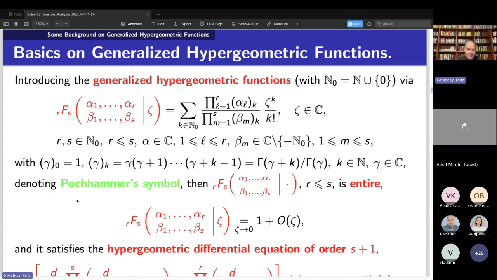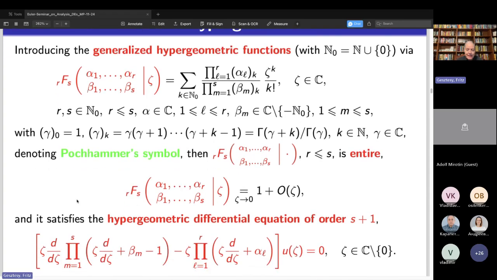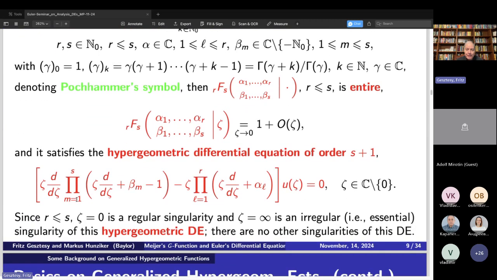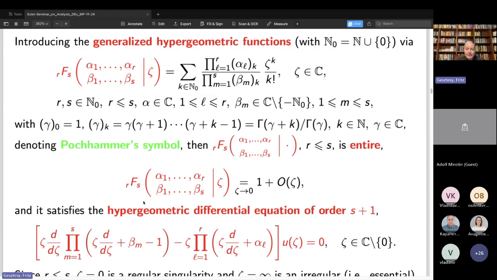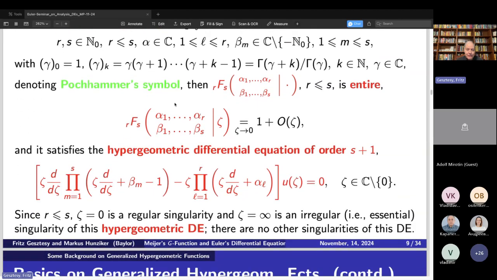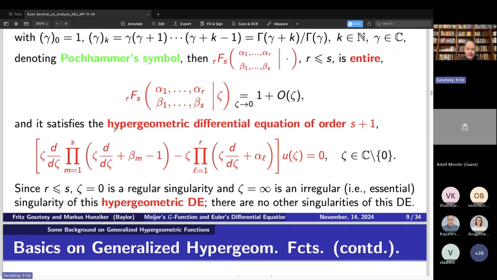Now, what's perhaps more interesting to us is it satisfies a certain hypergeometric differential equation of order S plus 1. So the S, once again, is the parameter you see here for the betas in the denominator. And here is the differential equation.